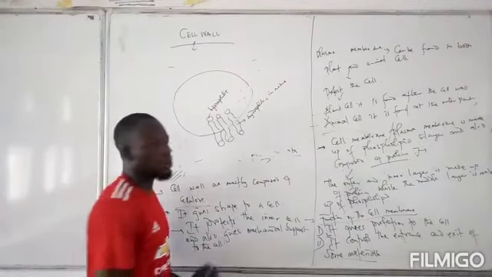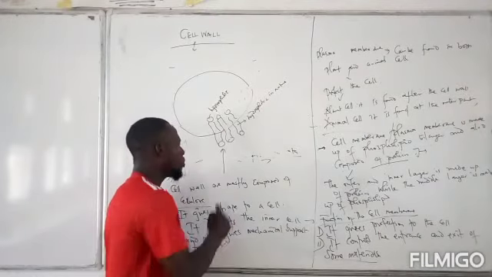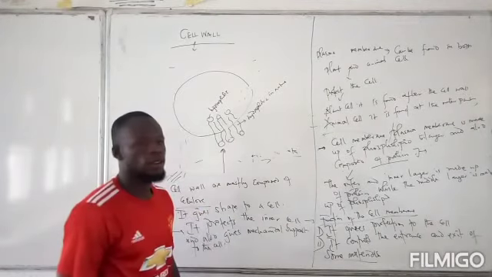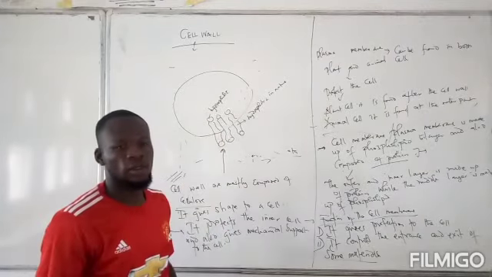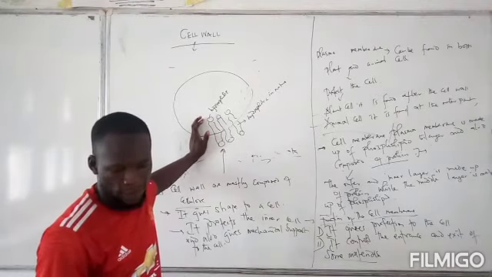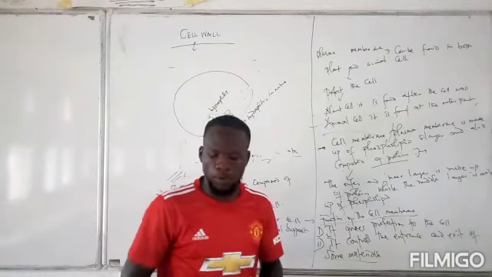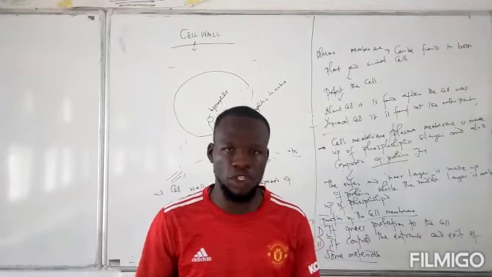So they allow soluble substances to enter, and also select some substances out of the cell with the function of this bilipid layer. So it also allows the maintenance of homeostasis.